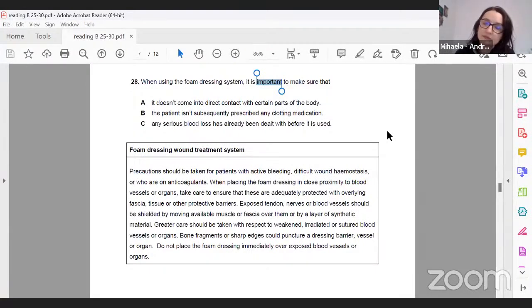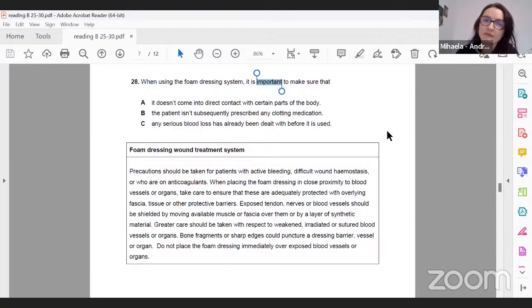Why? I think that the correct answer is A, because the last sentence is do not place the foam dressing immediately over exposed blood vessels or organs. So if you don't place it immediately over, it means that it doesn't come into contact?